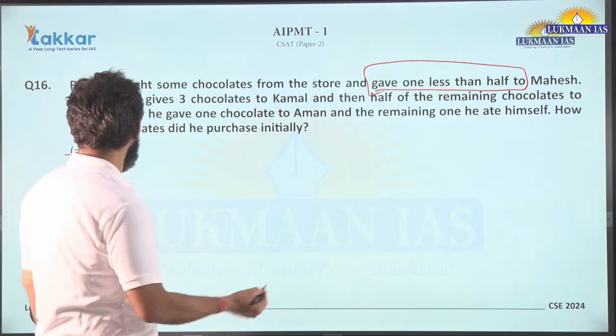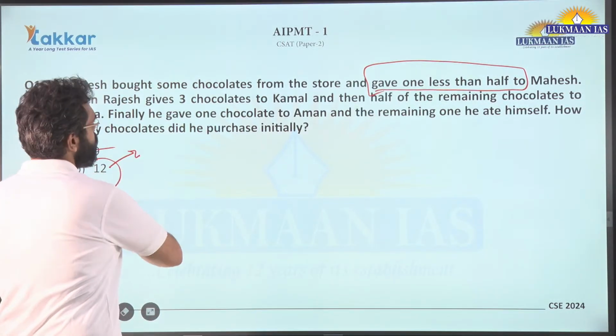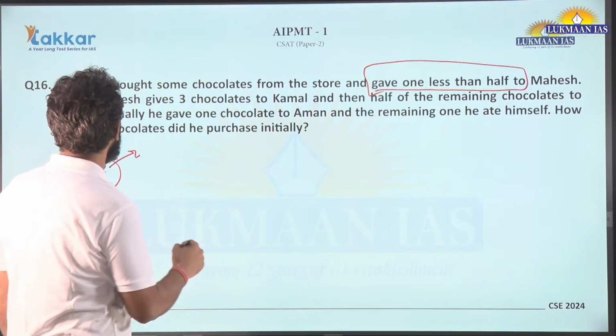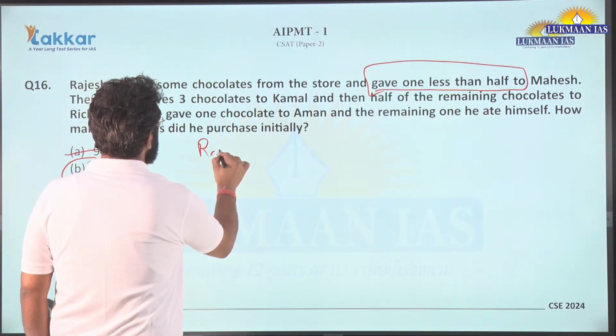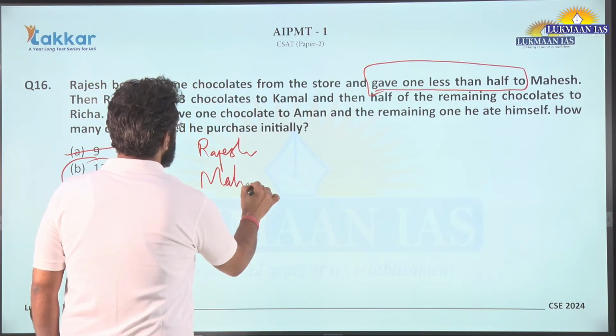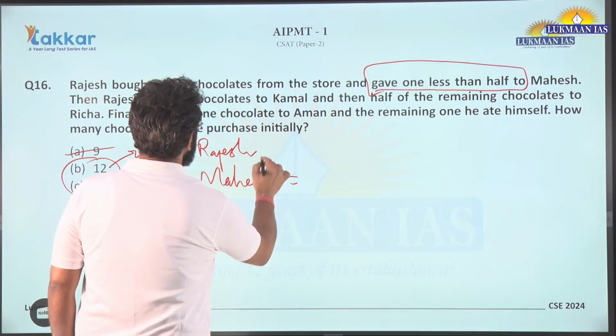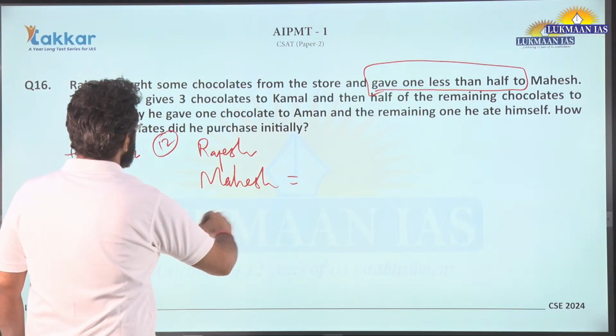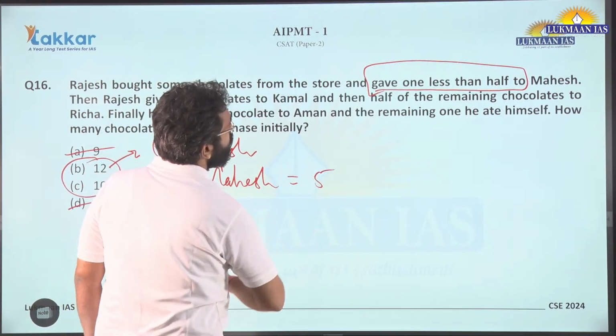Let's try. We'll solve by 12. Suppose Rajesh initially bought 12 chocolates. So Mahesh would get 5.